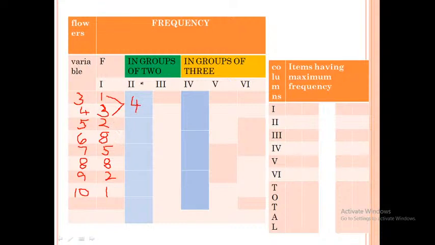And again in groups of 2, you have to add 2 and 8. 2 plus 8 comes to 10. Then next you have to add 5 and 8. 8 plus 5 comes to 13.